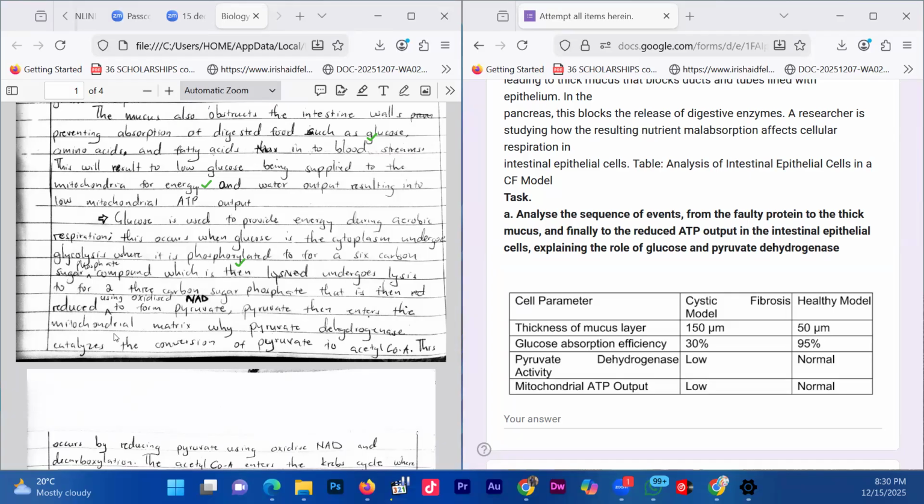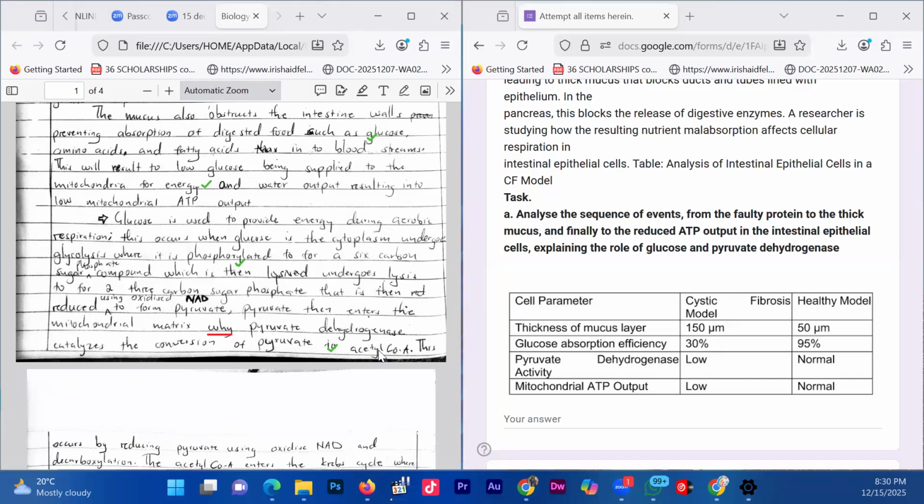Pyruvate then enters the mitochondrial matrix where pyruvate dehydrogenase catalyzes the conversion of pyruvate to acetyl-CoA. That's very good. Yes, that's what I was trying to mean, where, not why.